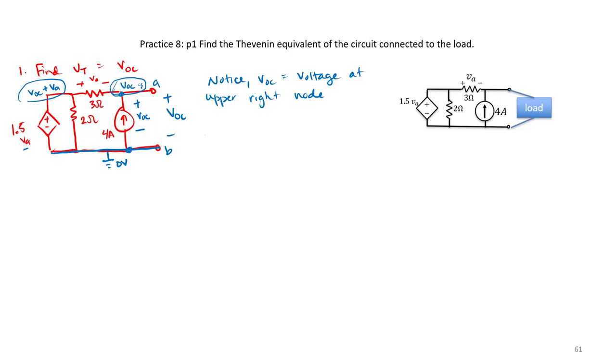So by Kirchhoff's voltage law, if I go walking in the counterclockwise direction, I can say plus VOC plus VA minus 1.5 VA equals 0.